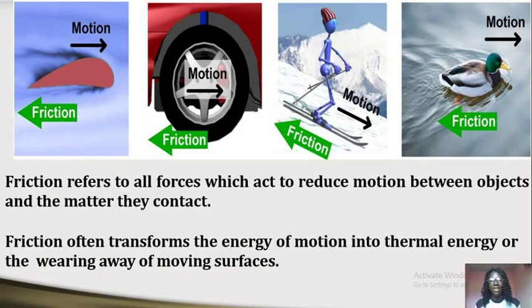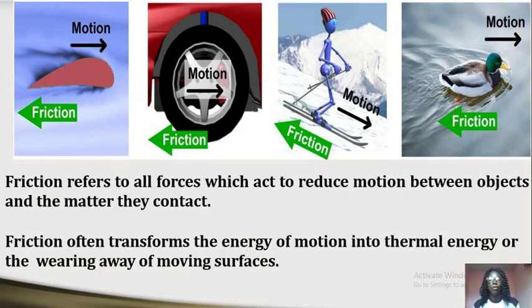It might be a liquid, like this cup moving on the surface of water. It has to overcome a higher force than the frictional force to move freely. That's why we generalize it to matter. So it's a force that reduces the motion between an object and the matter in contact with each other, and friction often transforms energy of motion into thermal energy.